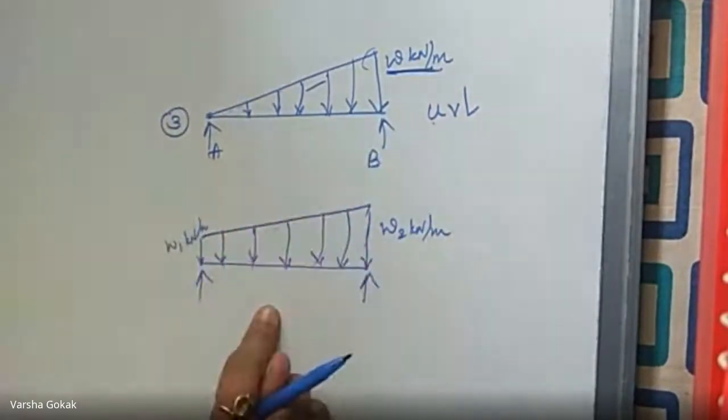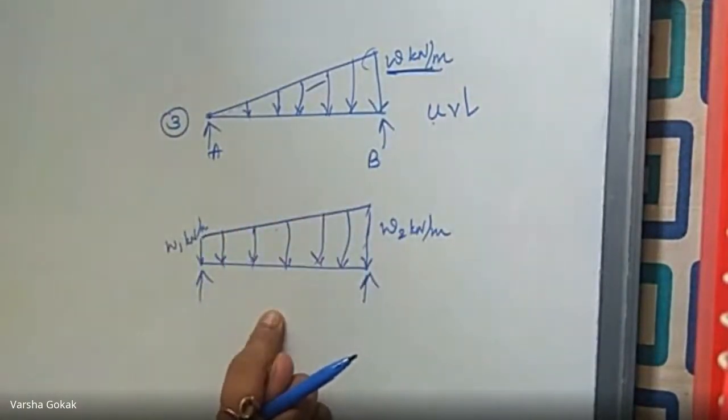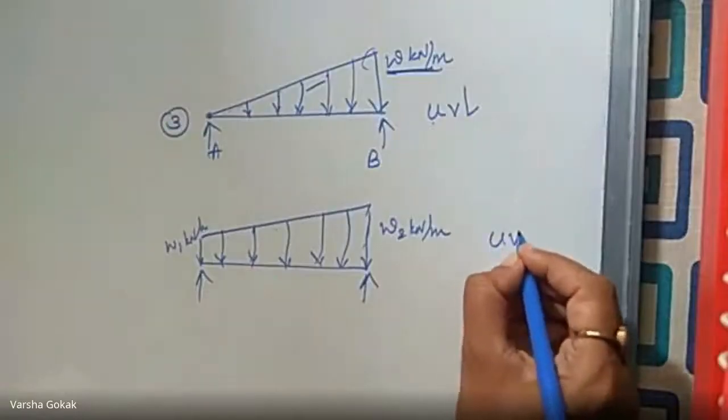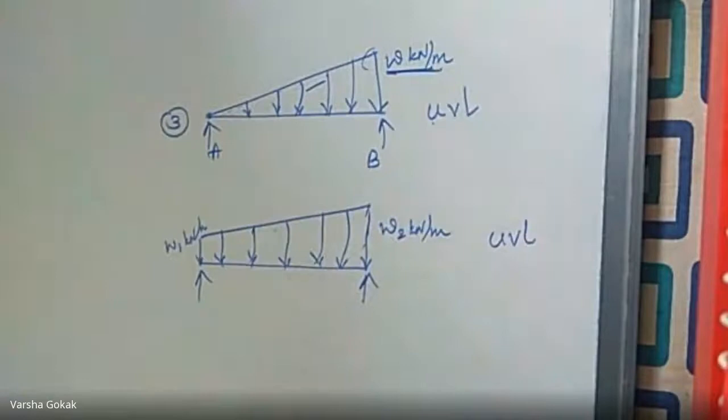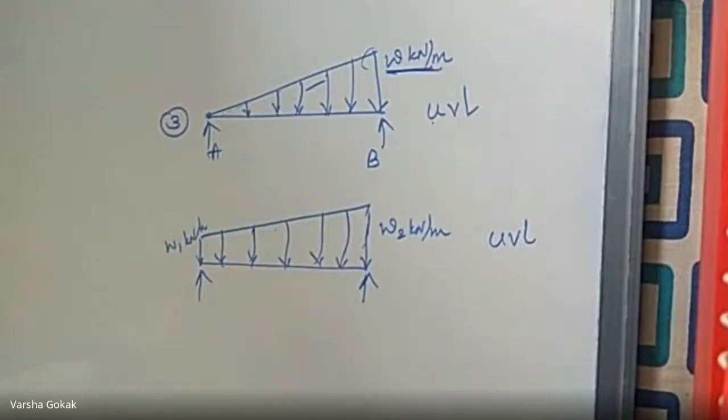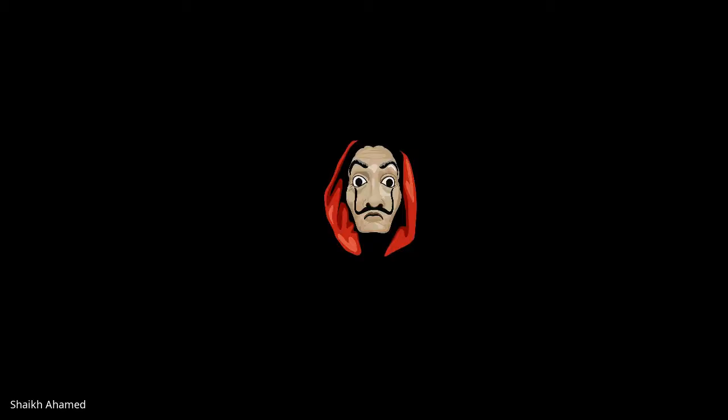This is also UVL. But both are different to look at. Do I have any different names? Trapezoidal and triangle, ma'am. Exactly.